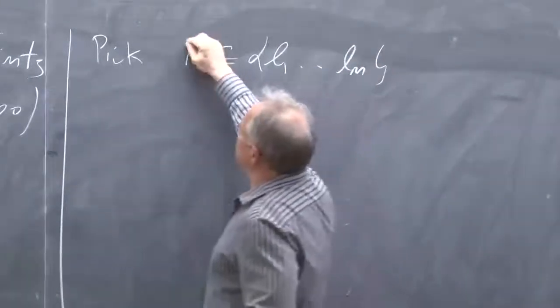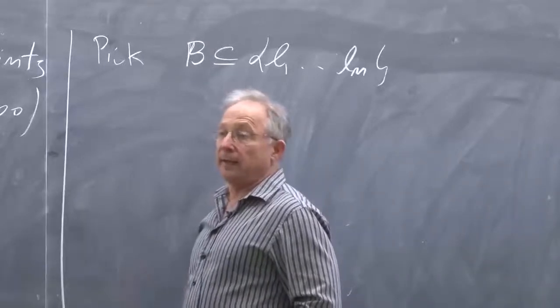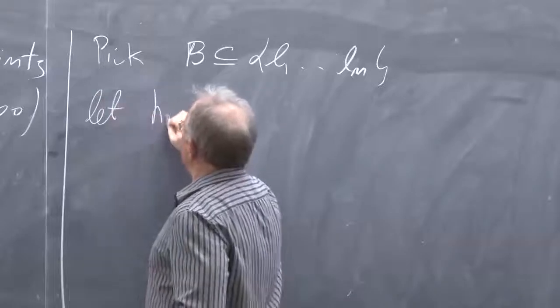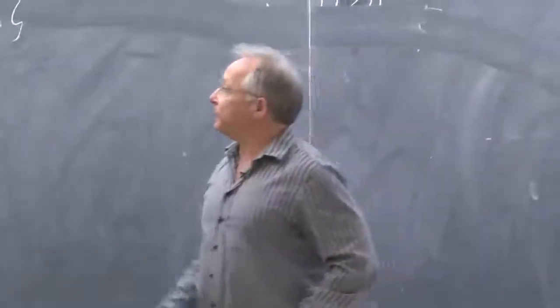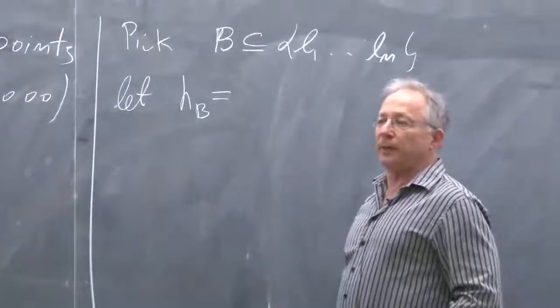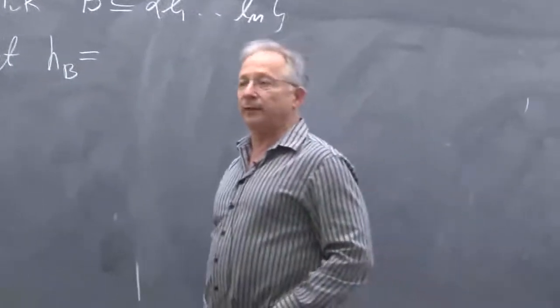And now I have to give you a vector element HB. Let HB, now I have to give you some coordinates, W1 to Wn, that will classify each of the members of B positively and each of the members of this set which are not in B negatively.